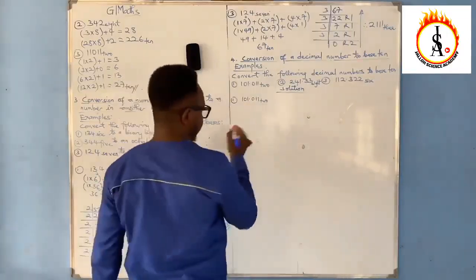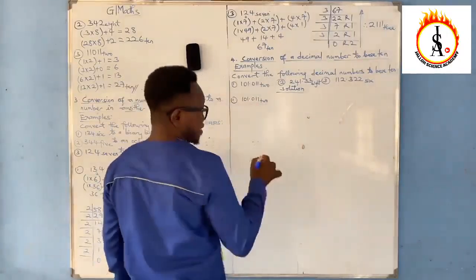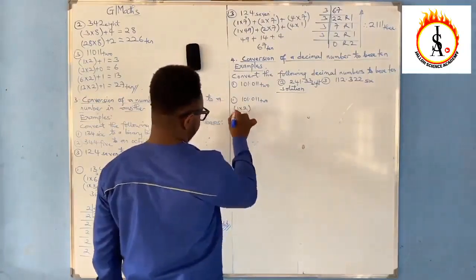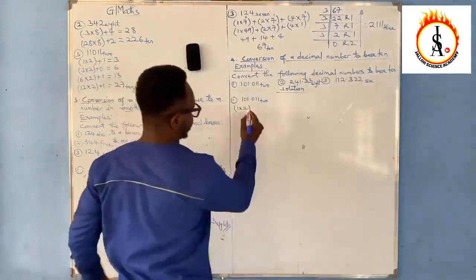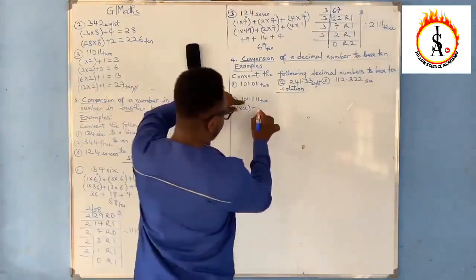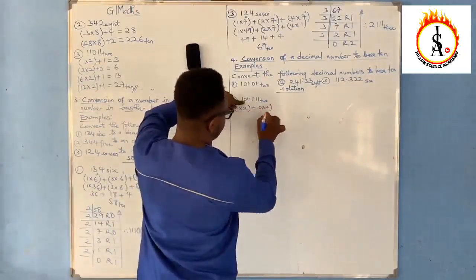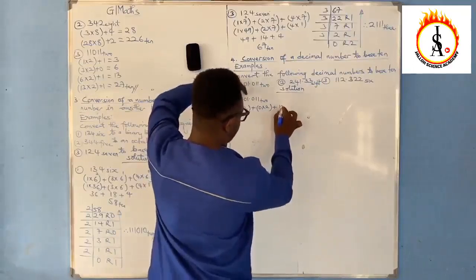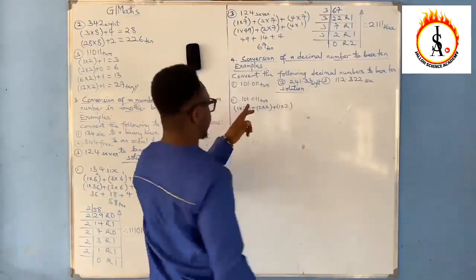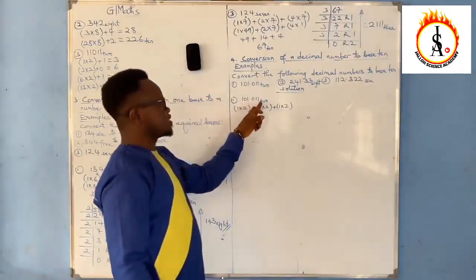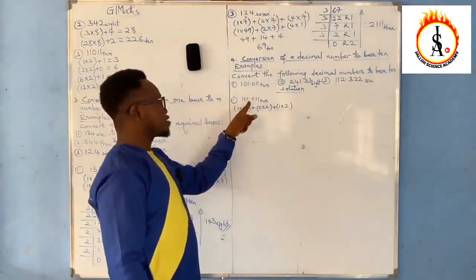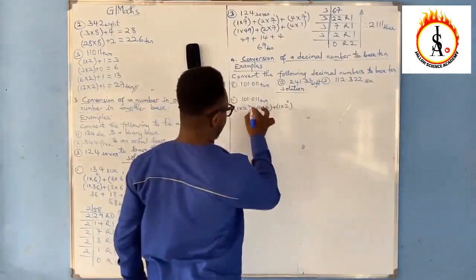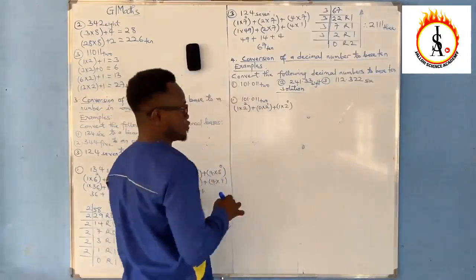So doing this conversion, converting it to base 10, 1 multiplied by the base 2, added to, take the 0, multiply by the base 2, we add it to, take this 1, multiplied by the base 2. This is the whole number part, this is the decimal part. So for this whole number part, this is the units, tens, hundreds, so this gets power 0, power 1, and power 2.